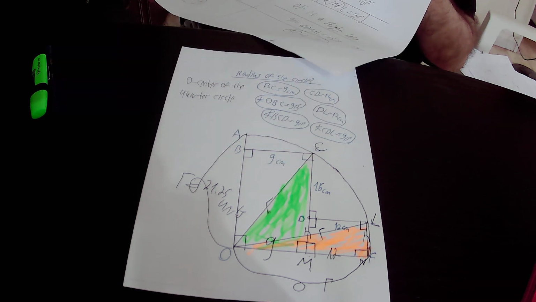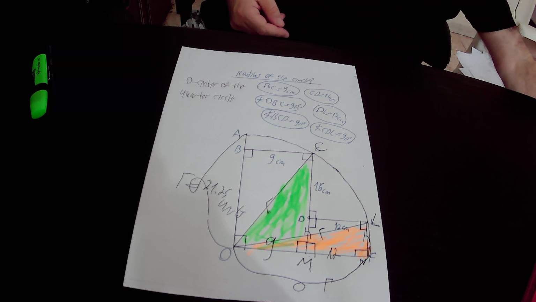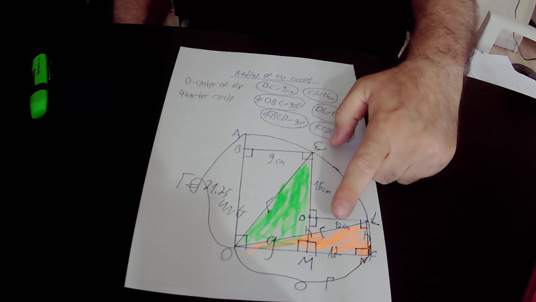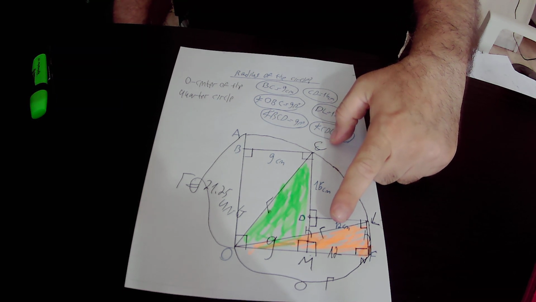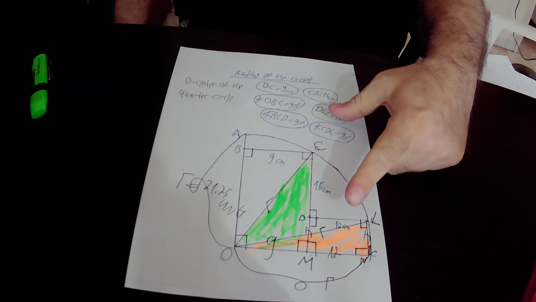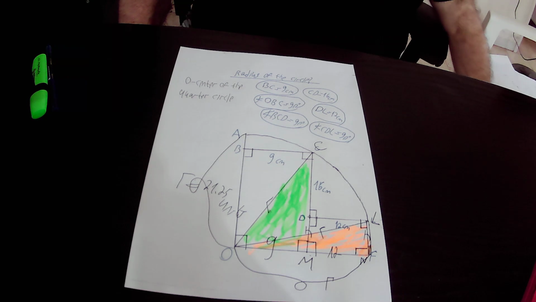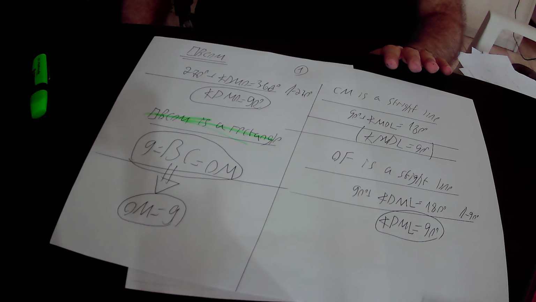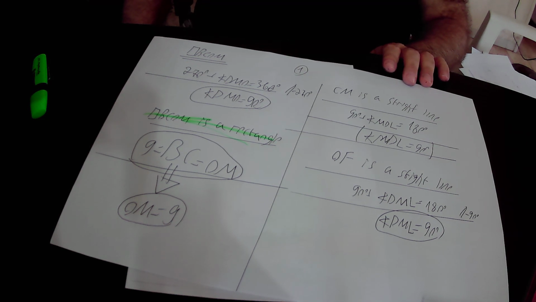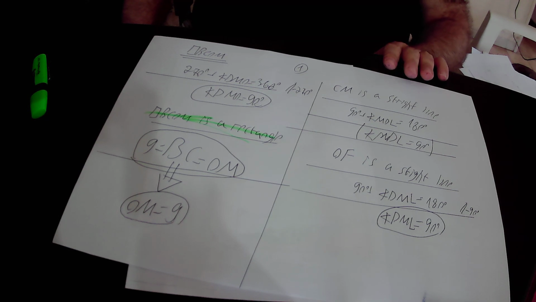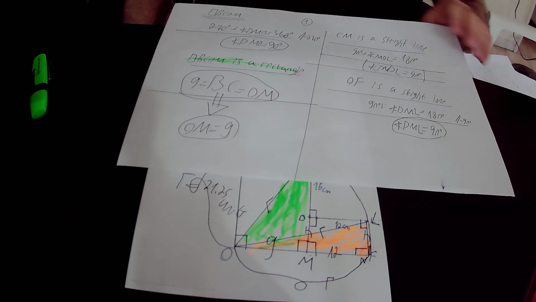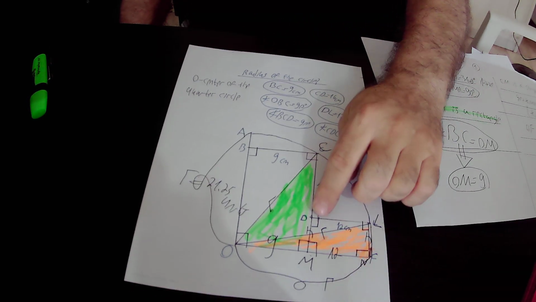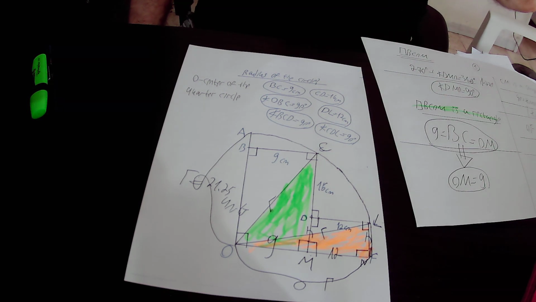Okay, now as I already mentioned, we extended the straight line CD by a straight line and created line segment CM, which must be a straight line. We have the rule that the sum of the angles on one side of a straight line is equal to 180 degrees. Focusing on this side of CM at point D, the sum of the angles must be 180 degrees.